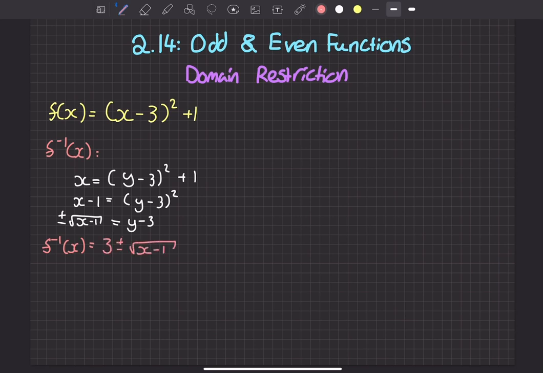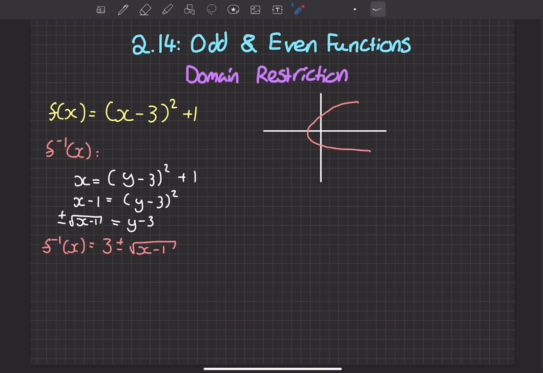And then we just move the minus 3 across, and we have the inverse function is 3 plus or minus root x minus 1, right? Thing is, for something to be a function, each input can only have one output. But since this is plus or minus here, it has two outputs. And to illustrate what this means, if we draw the graph of this function here, it will look something like this, right?